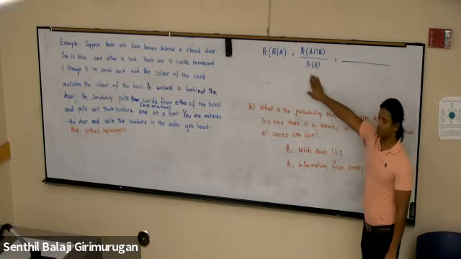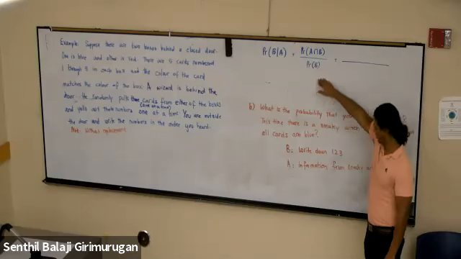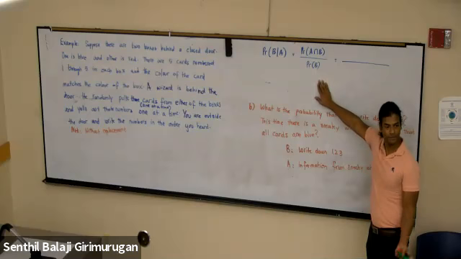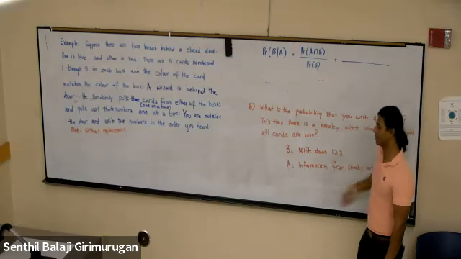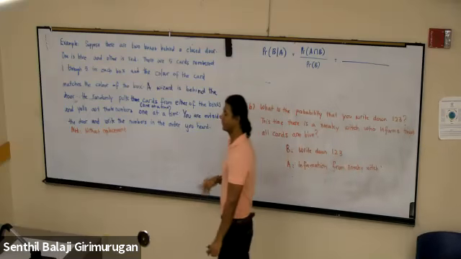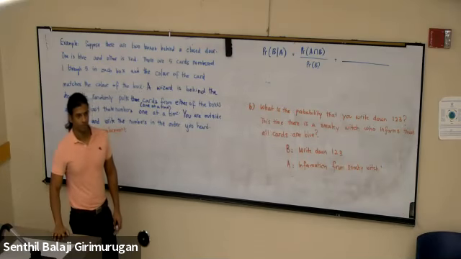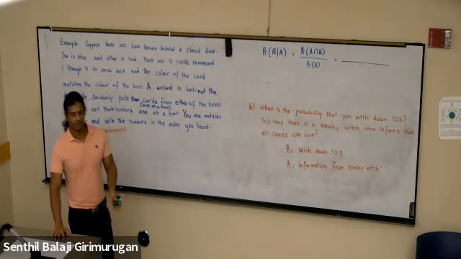So the probability of B should simply mean you're writing down 1, 2, 3. Now, what is the probability of you writing down 1, 2, 3? 1 over 90.